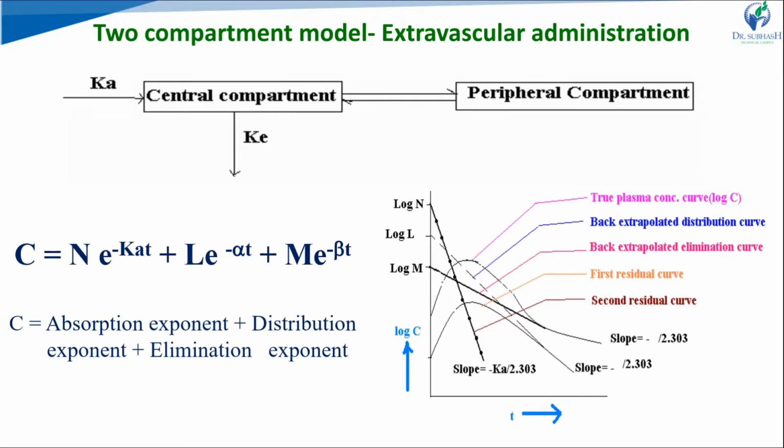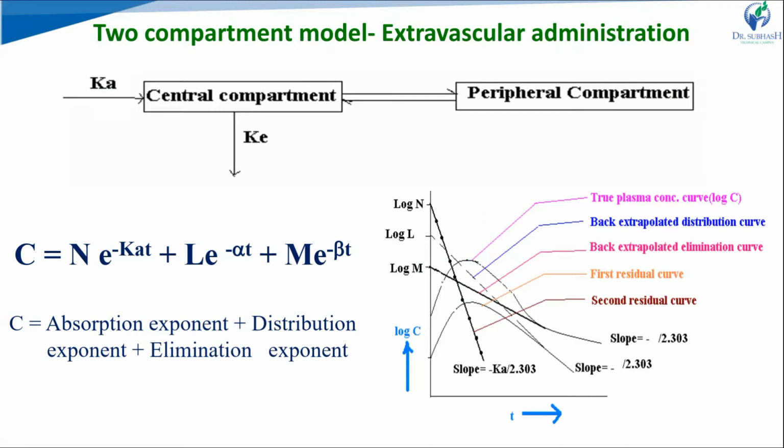The last one is the two compartment model, extravascular. In that also, zero order is similar to the IV infusion, and for extravascular administration there is a first order absorption process. That model is represented in the figure.